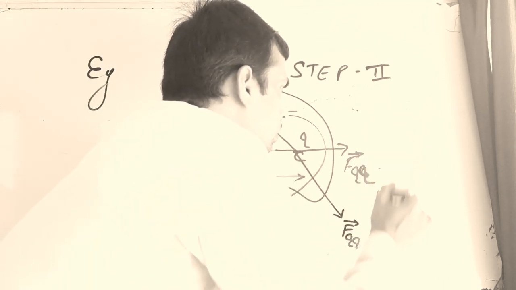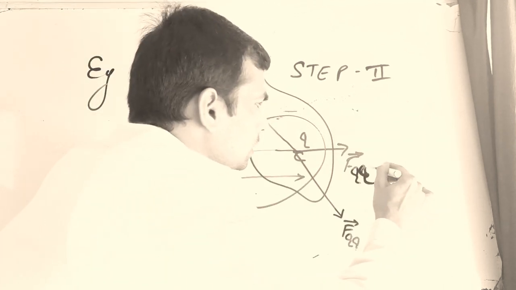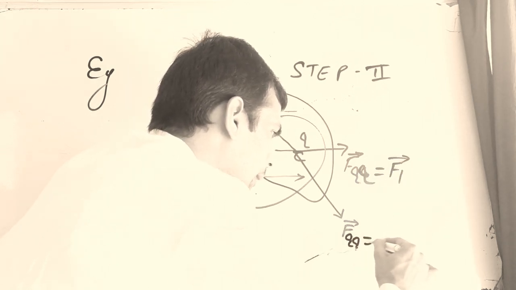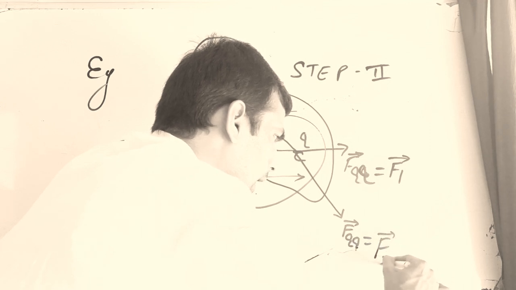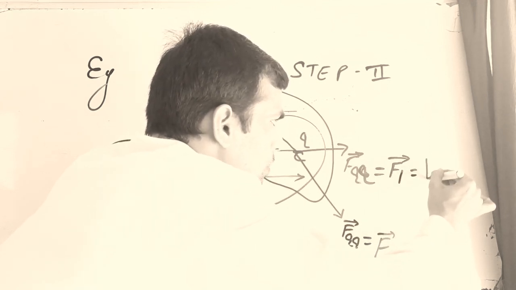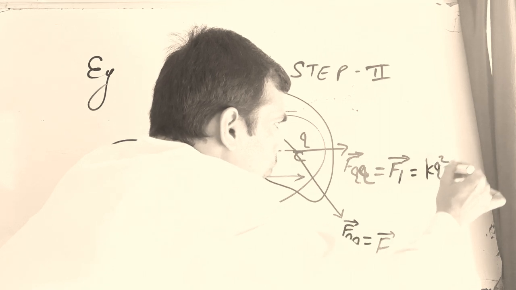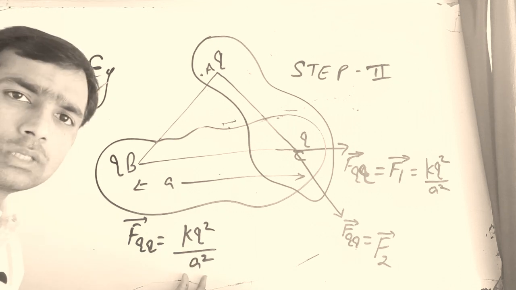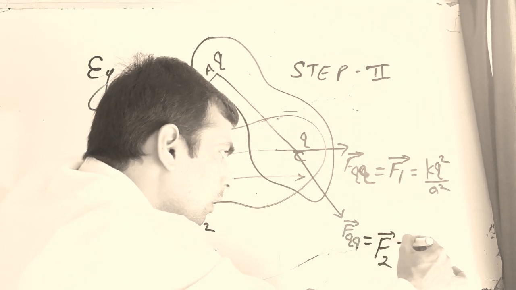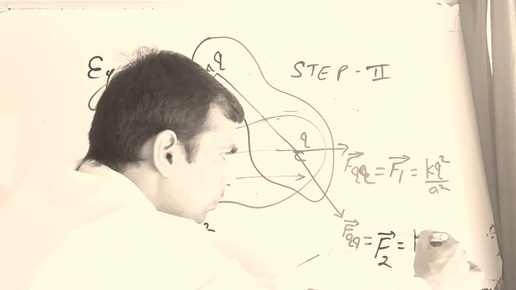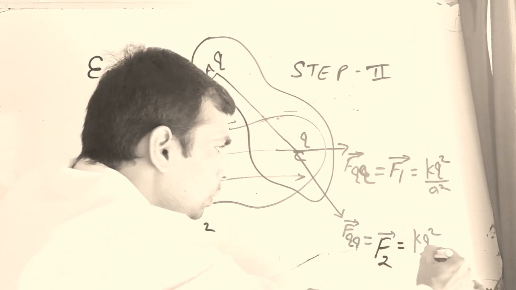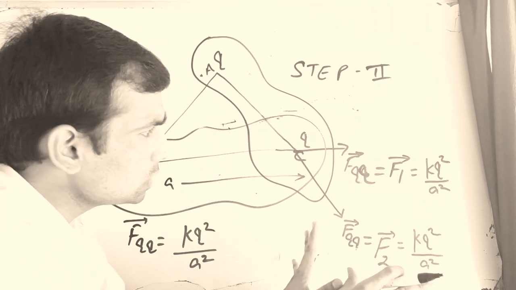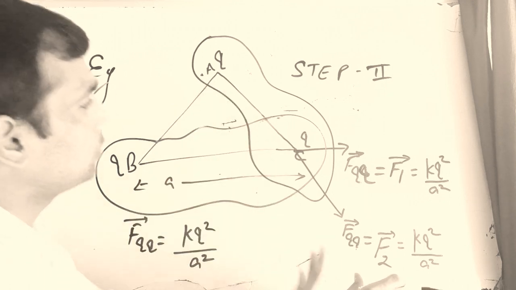I am calling this force F1 for calculation, and this force F2. So the magnitude of force F1 is KQ square upon A square, because you have already found the answer of this question, meaning the magnitude of this force is KQ square upon A square. So you have already found a pair of charges.